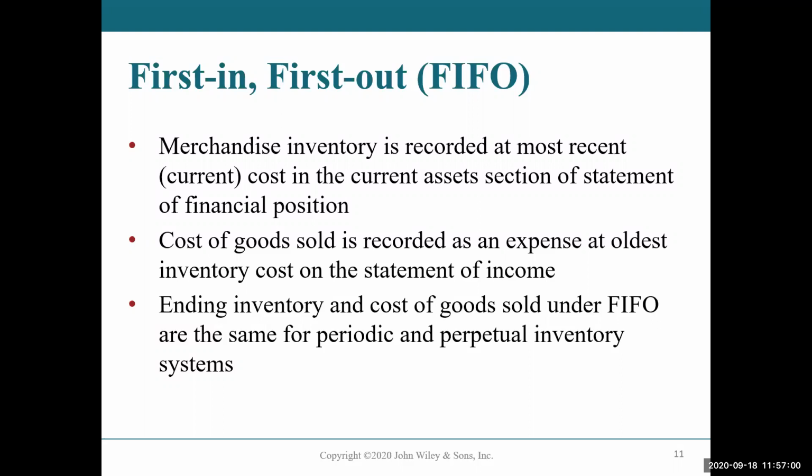Your ending inventory and cost of goods sold under first in, first out are the same under periodic and perpetual. Regardless of how that is calculated, it is going to give you the same end result. The process of how we calculate and when that information is available is different, but the end result is the same.